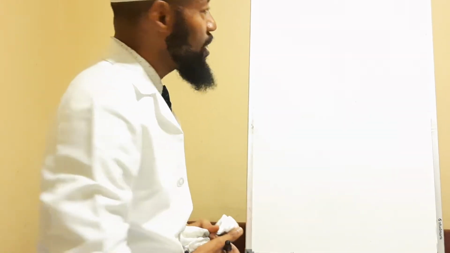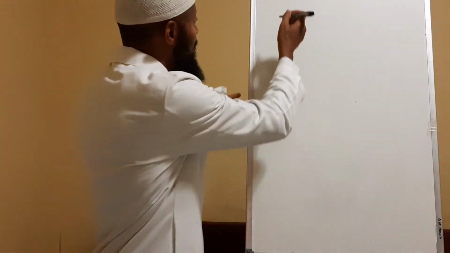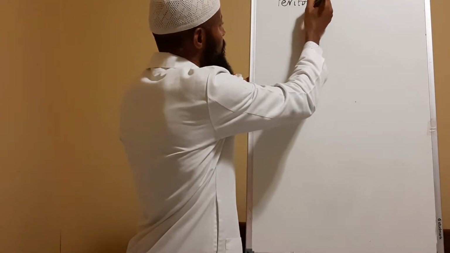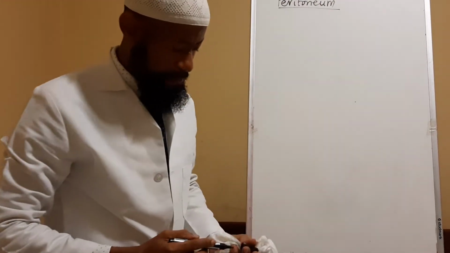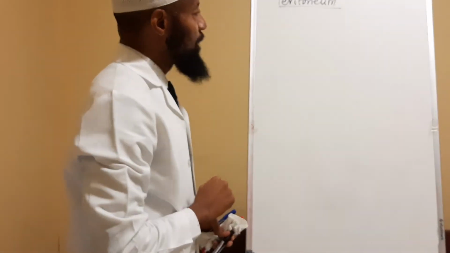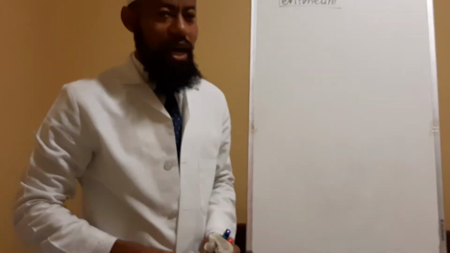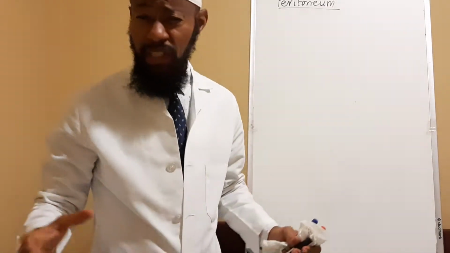Alright? Anyway, today we want to talk about the peritoneum. So, what is peritoneum? Now, the peritoneum sometimes could be referred to as a cavity and sometimes as a membrane.